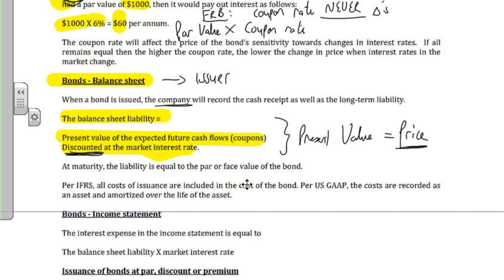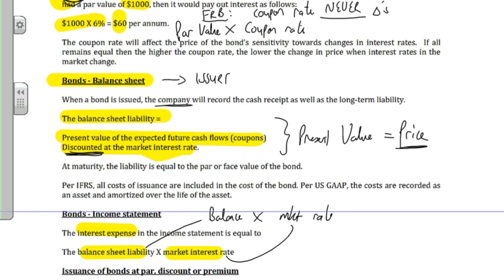What about the income statement? What's the impact of bonds on the income statement? The interest expense in the income statement is what? The balance sheet liability times the market interest rate. But what do you notice now? And this is important, guys, that for the income statement, it's the amount per the balance sheet, not the par value, and it's times the market rate.